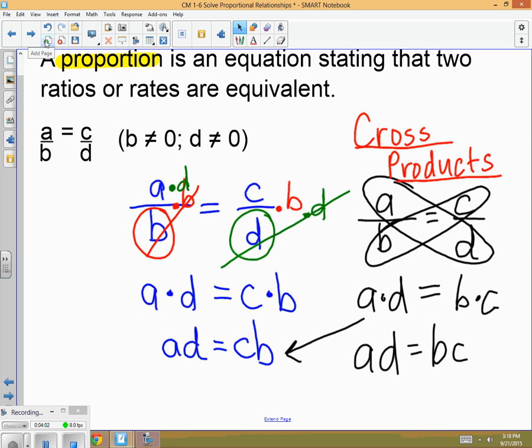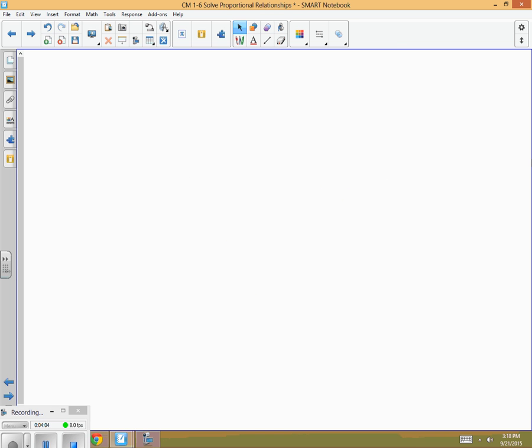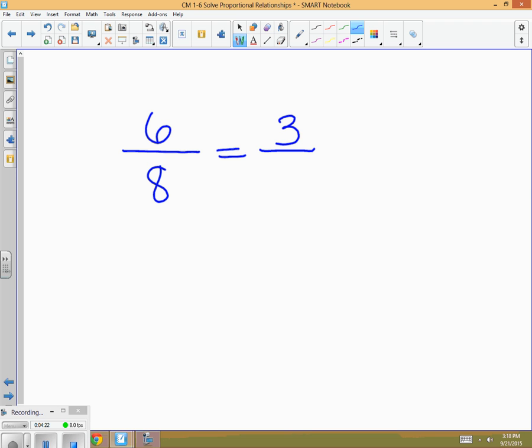Now, instead of A over B, let's apply this with some real numbers. Let's say A is 6 and B is 8. Let's set this equal to C over D, or let's call C 3 and let's let D equal 4.